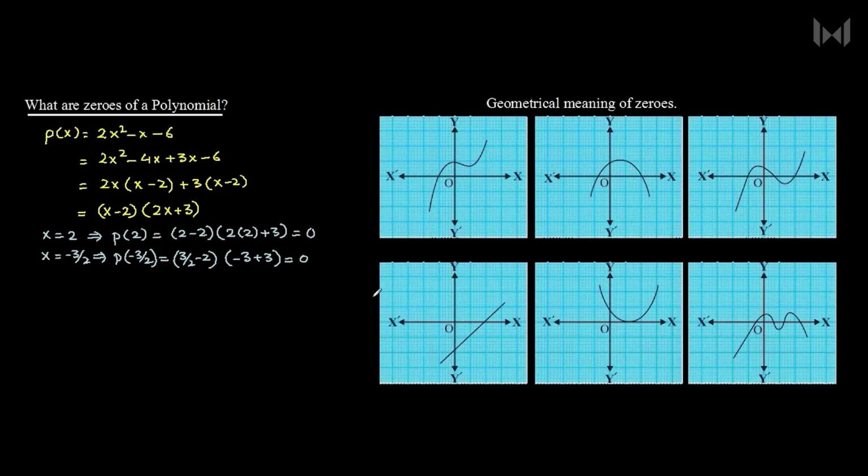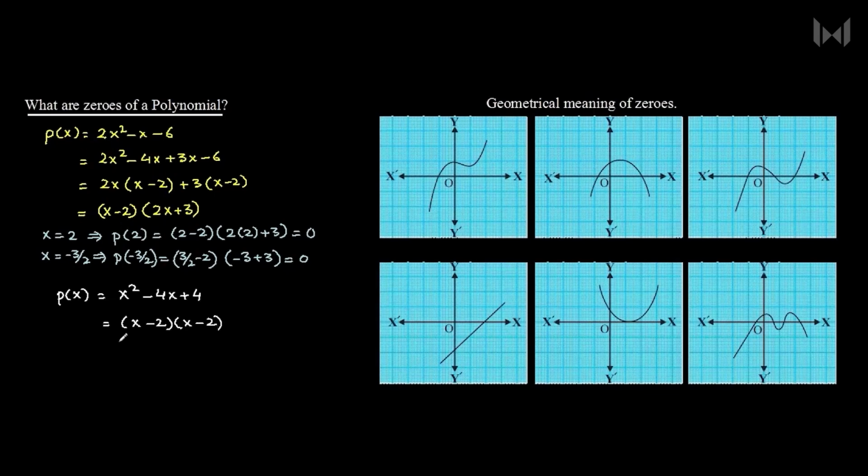One more thing which is very important. Sometimes we have polynomials which are perfect squares. Let me take an example: p(x) = x² − 4x + 4. We know this is (x − 2)(x − 2).